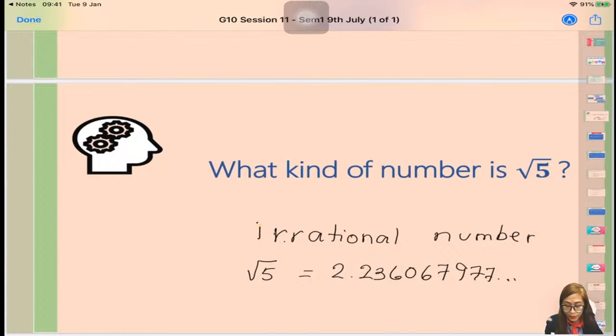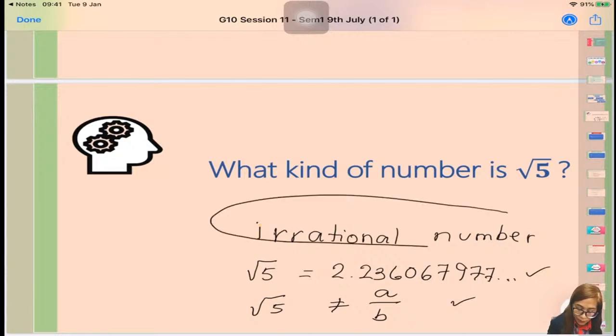If the decimal is not repeating and at the same time non-terminating, this number is considered an irrational number. And also, you cannot write square root of 5 in the form of a over b. So the answer is irrational number. Square root of 5 is an irrational number.